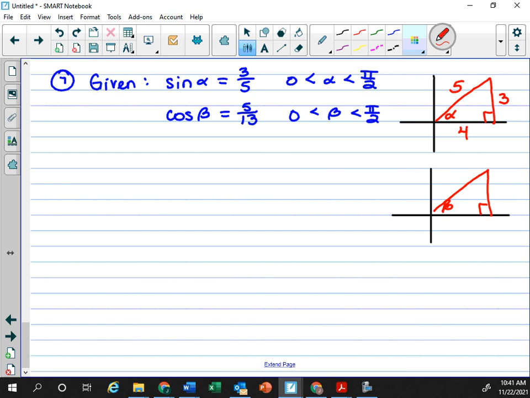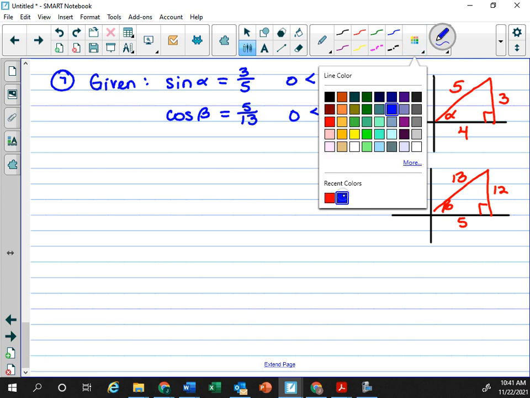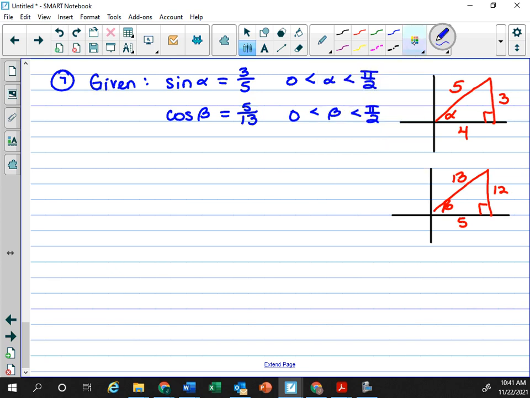What does that mean? Hypotenuse is 13. Good start. The adjacent or the x is 5. Yes. And what's the other? 12. Good.